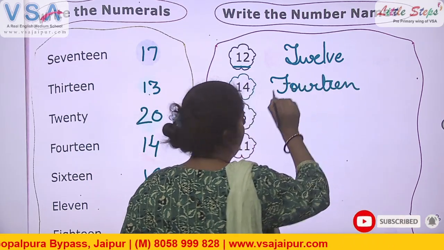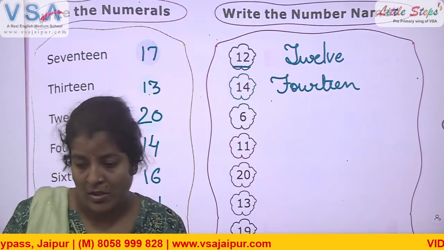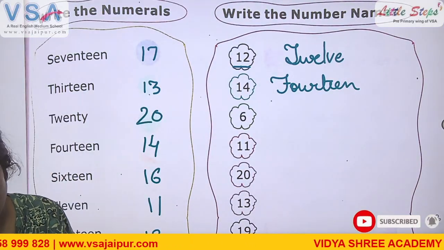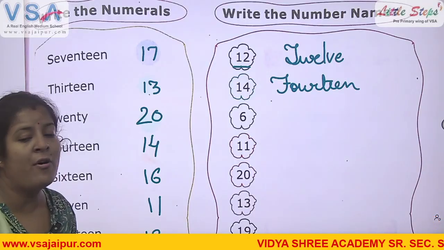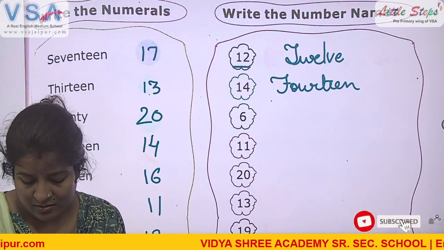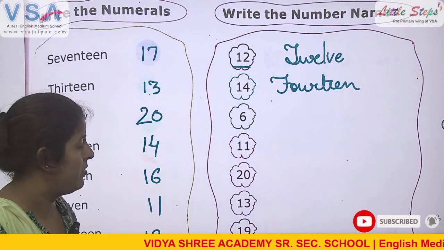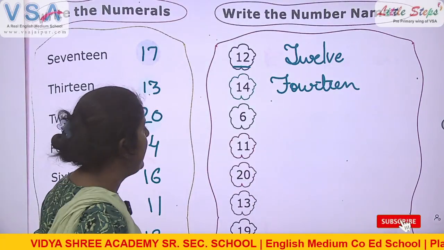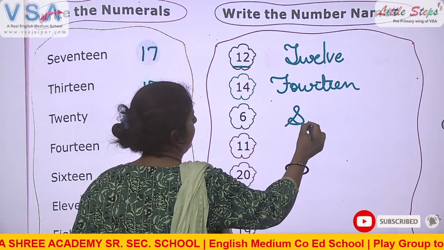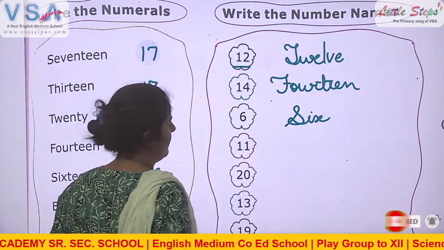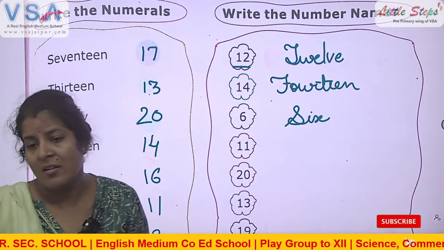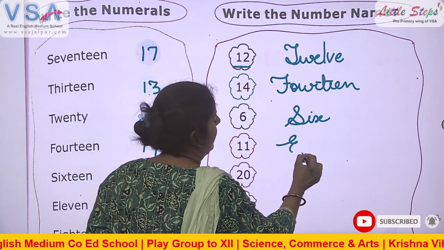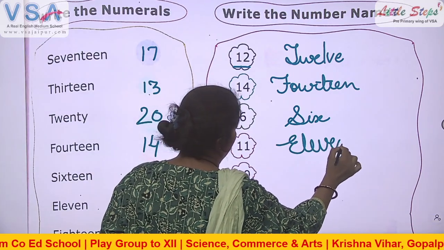F-O-U-R-T-E-E-N, 14. Write fast, Devansh. Next number, 6. SIX. Next number, 11. Write the spelling of 11. ELEVEN.